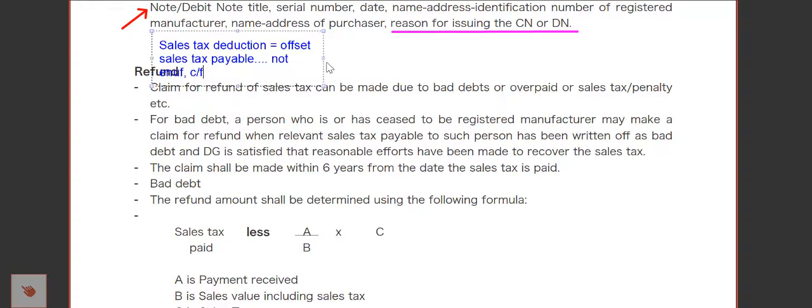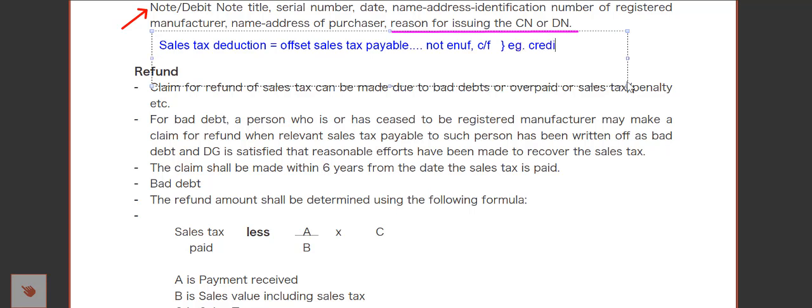This is how it works, and this is meant for systems like credit notes. Refund is when the Royal Malaysian Customs will return cash to the registered manufacturer. So you expect the money back.